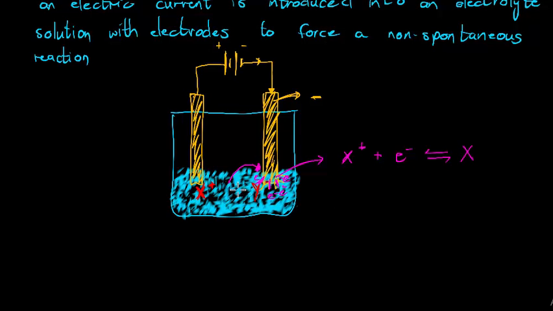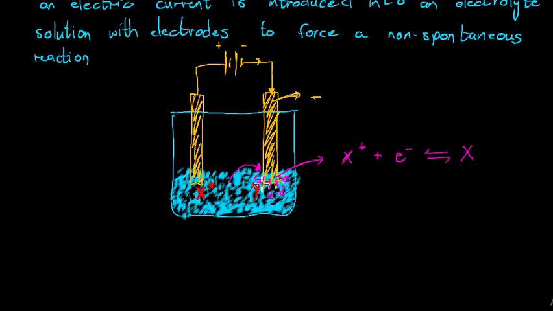Now if it wasn't for the fact that there was another electrode connected here, then this would be a reversible reaction, because the moment that it receives an electron, the solution itself would become negatively charged and then start repelling electrons and not accepting electrons anymore.